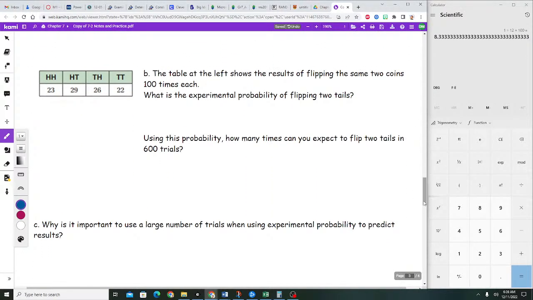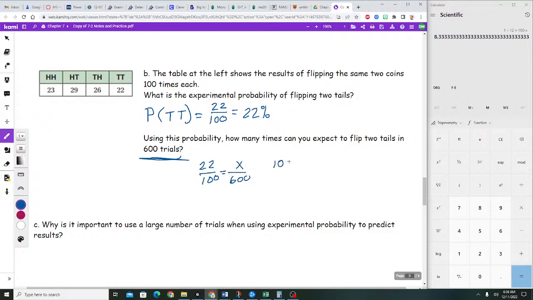The table on the left shows the results of flipping the same 2 coins 100 times. What's the probability of flipping 2 tails? P(TT) is 22 over 100. Well, that's 22%. So if we do 600 trials again, using the probability, how many times can you expect to flip 2 tails in 600 trials? Well, we're going to go 22 over 100 equals x over 600.